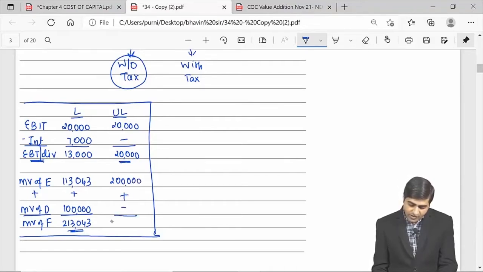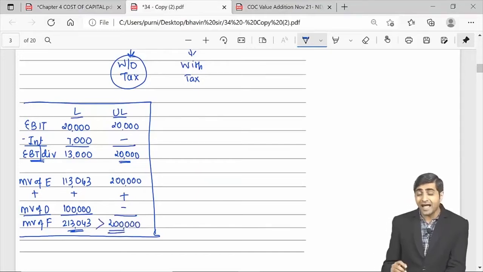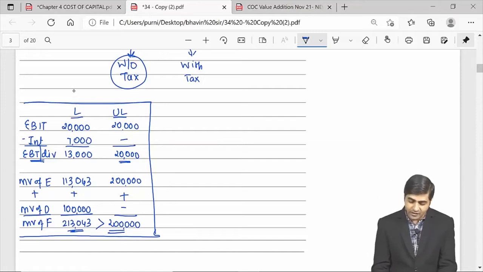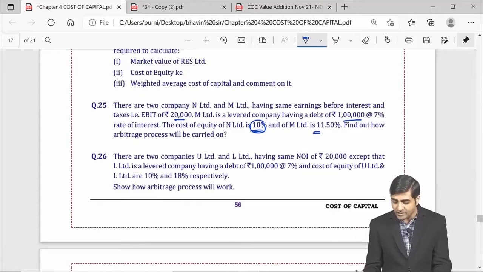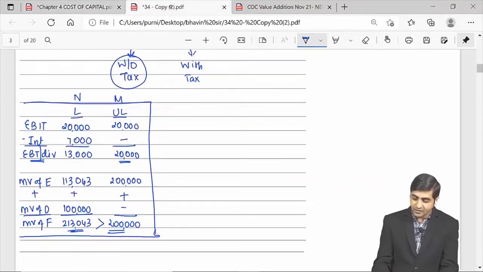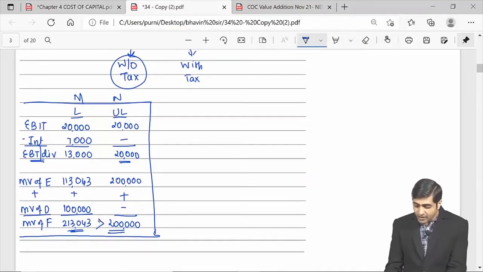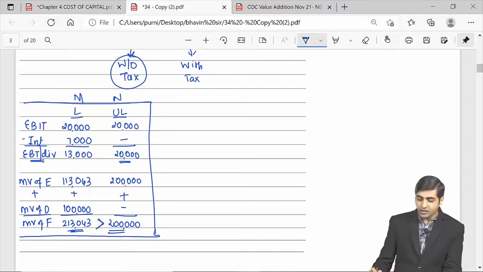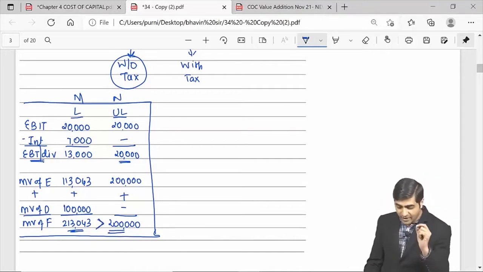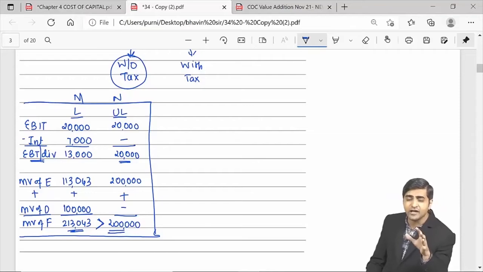So in this case, you can see that your levered company M has a higher value as compared to your unlevered company N, and therefore you have to shift your investments from the levered company to the unlevered company, and for sure you will earn some profits.